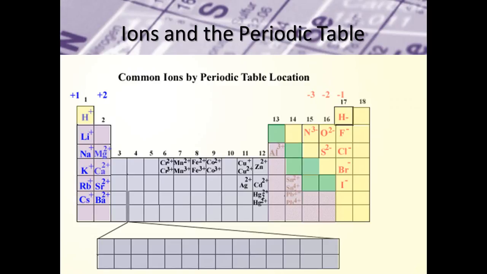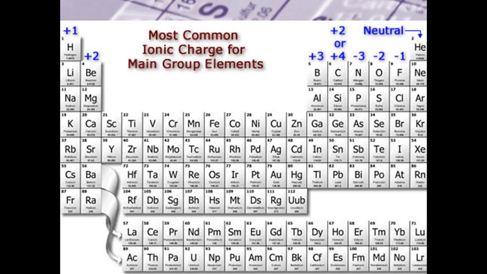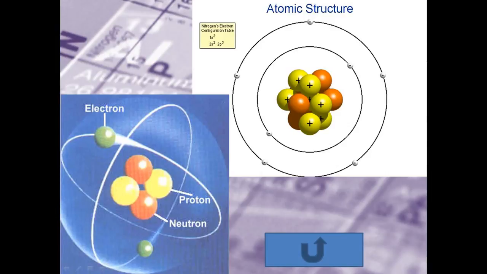As you can see, you have all these elements that have a predictable charge, and then you have all these charges: 7A minus 1, 1A plus 1, 2A plus 2, and so on and so forth. And that's the end of the show, and that's your trends and structures of atoms in the periodic table.